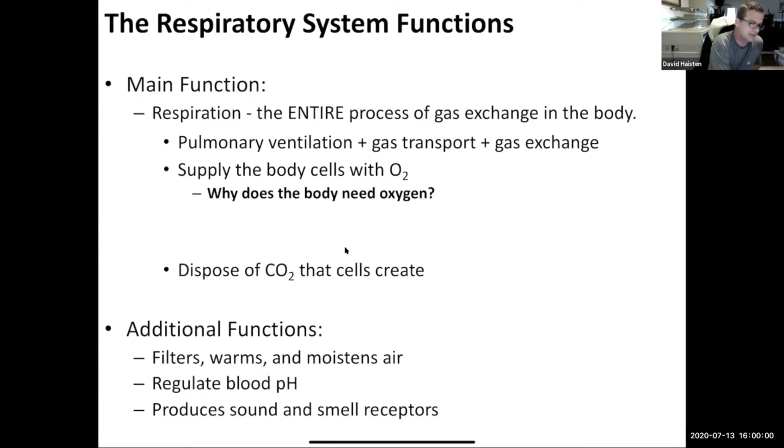Okay, respiration, entire process of gas exchange in the body, consists of pulmonary ventilation, gas transport, gas exchange. So basically, get oxygen to all your cells. Why do you need oxygen?